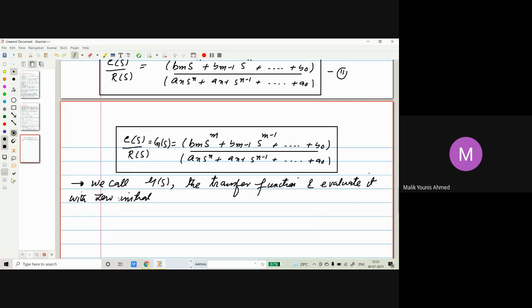Zero initial conditions we have studied: V naught in the capacitor and initial current in the inductor. What are the initial conditions? Initial voltage in the capacitor, initial current in the inductor. So those are the initial conditions. Here we don't have to consider them, with zero initial conditions.